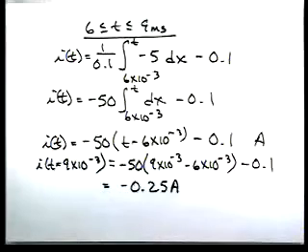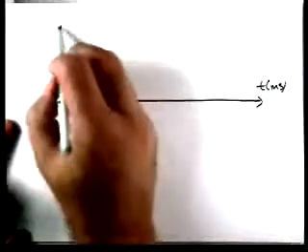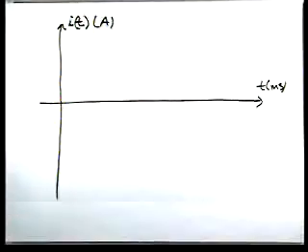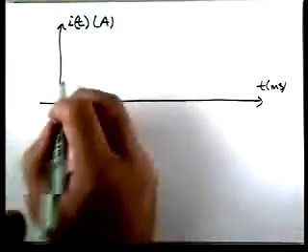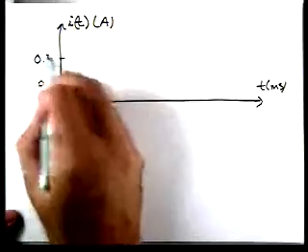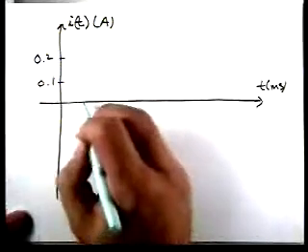So now let's sketch the current waveform. It starts off at 0.1, and remember it goes to 0.2 in 2 milliseconds.